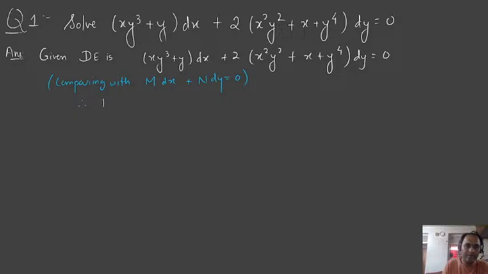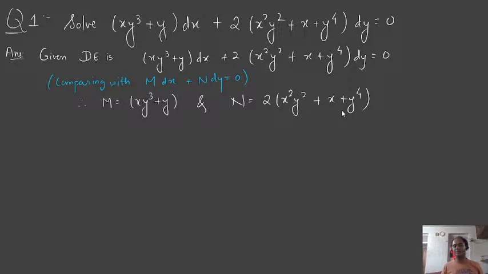So therefore, when you compare, M you get is xy cube plus y, and N you get is 2x square y square plus x plus y raised to 4. This is what you get.